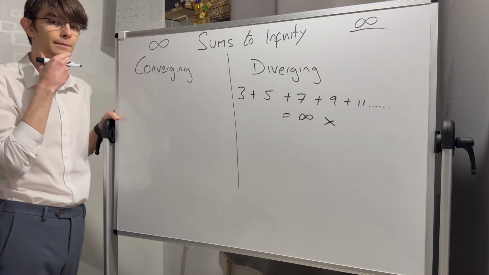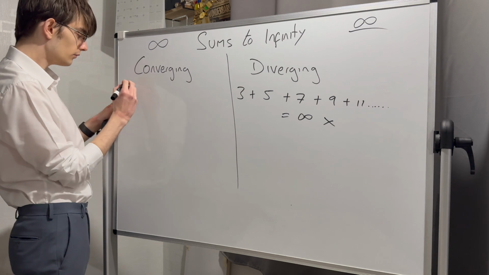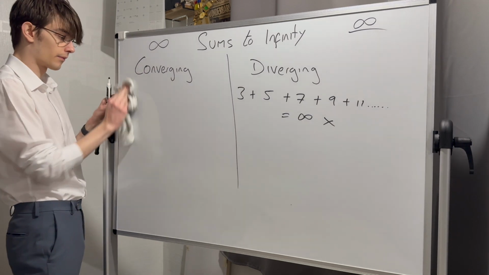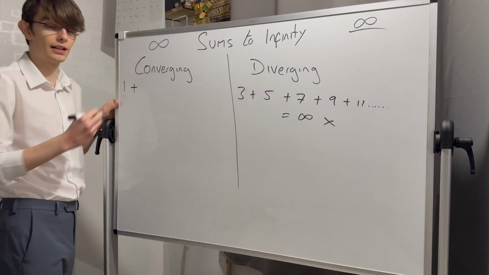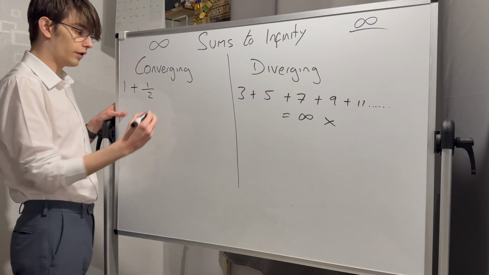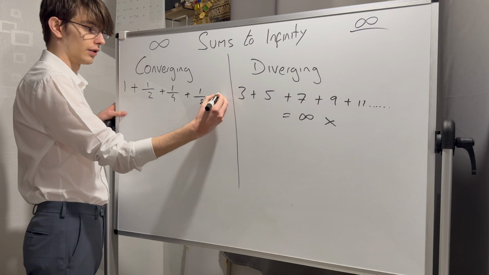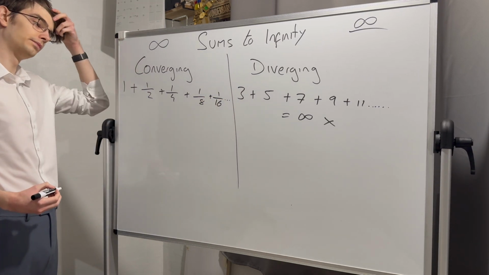Converging, on the other hand, let's take a geometric sequence. Well actually I'm going to start with 1, and adding a half, and then a quarter, and then an eighth, and then a 16th, so on and so forth.